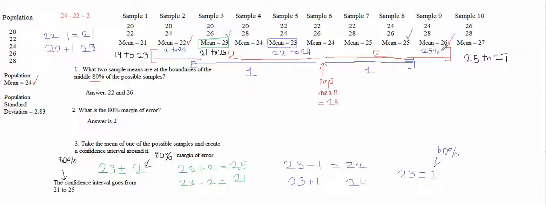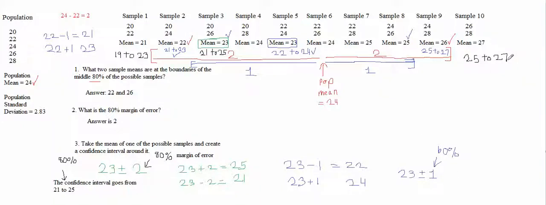So these are all 60% confidence intervals because they were all created by adding and subtracting the 60% margin of error of 1. When we did it with a sample below the middle 60%, right here, the 60% confidence interval did not include the population mean. This 60% confidence interval did include the population mean.